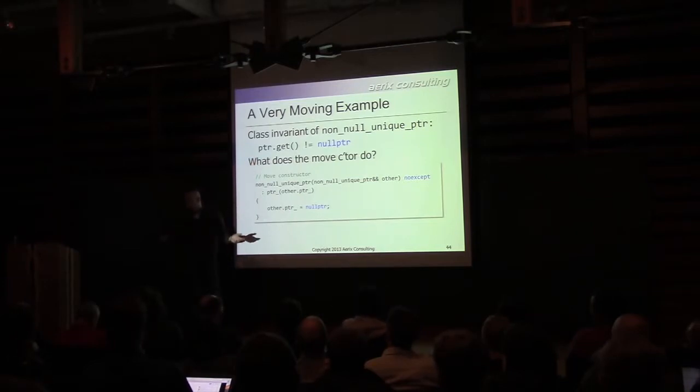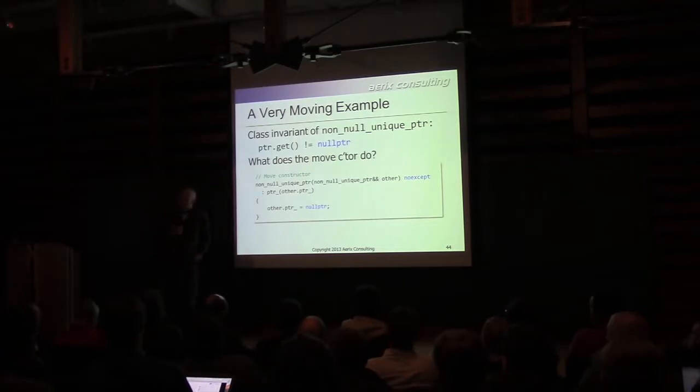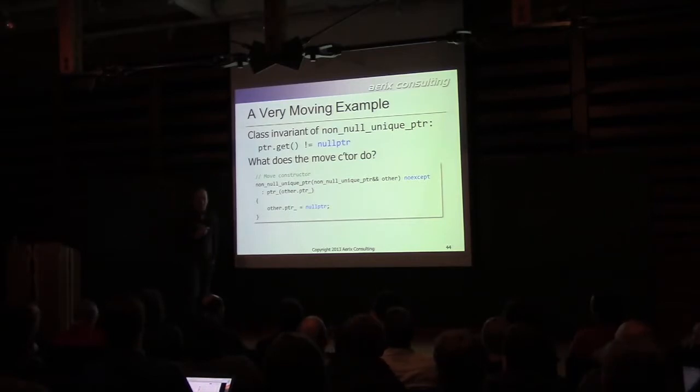It's changing stuff. Okay, so we are the authors of this class. We get to decide what the class invariant is and what the preconditions are on all of the member functions, because it's our class, we get to say that.